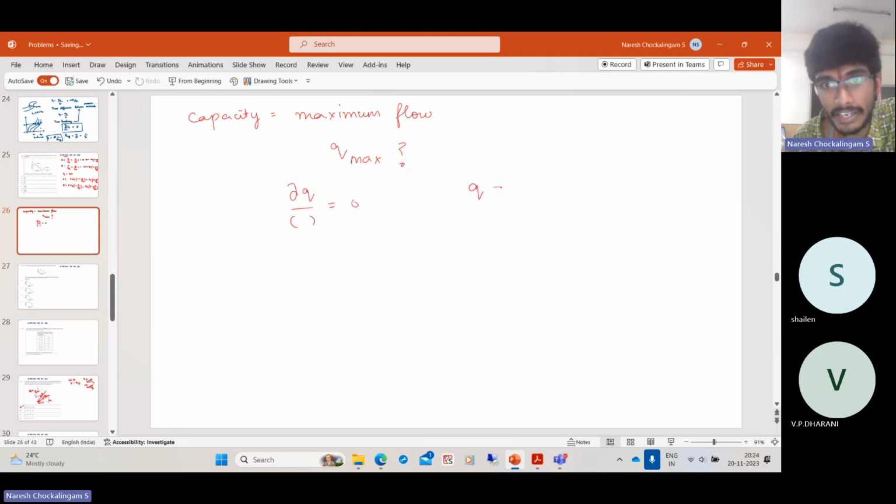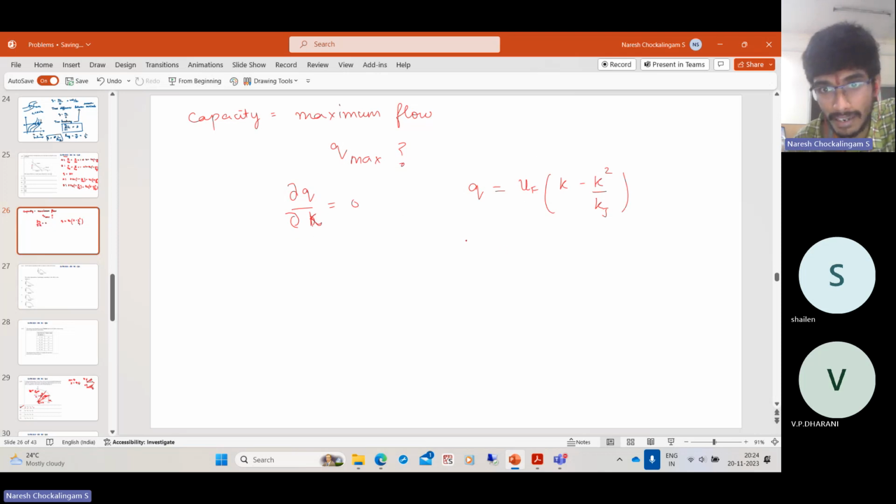Now we have got that Q is equal to, for a given road, the free flow speed multiplied by k minus k square by k jam density. UF is a given number, Kj is a given number, so it is a function only of k. So differentiate with respect to k and set it equal to 0.